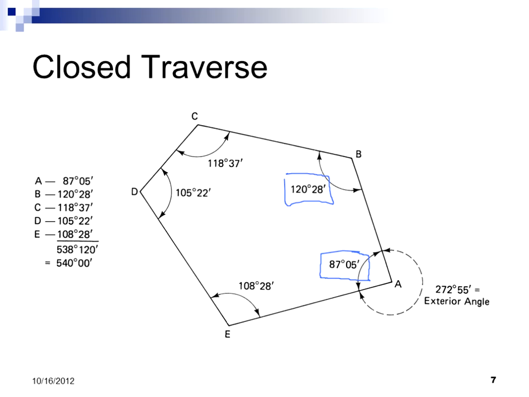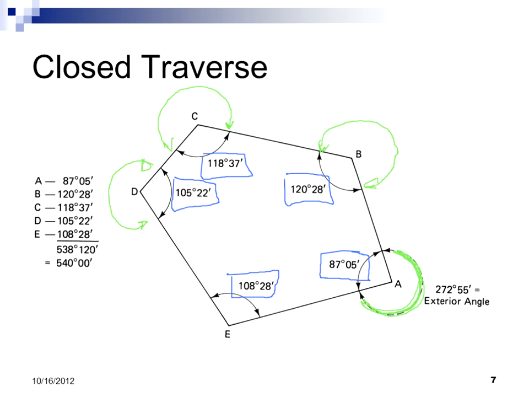which would be these angles here, right, measured on the inside of the polygon. And then here's an example of an exterior angle. Okay? And each and every one of these angle points has both an interior and an exterior angle.